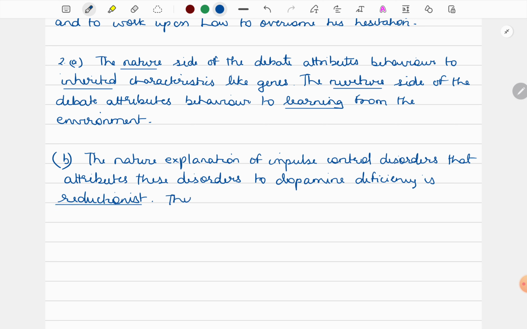These disorders can also be understood with nurture explanations.